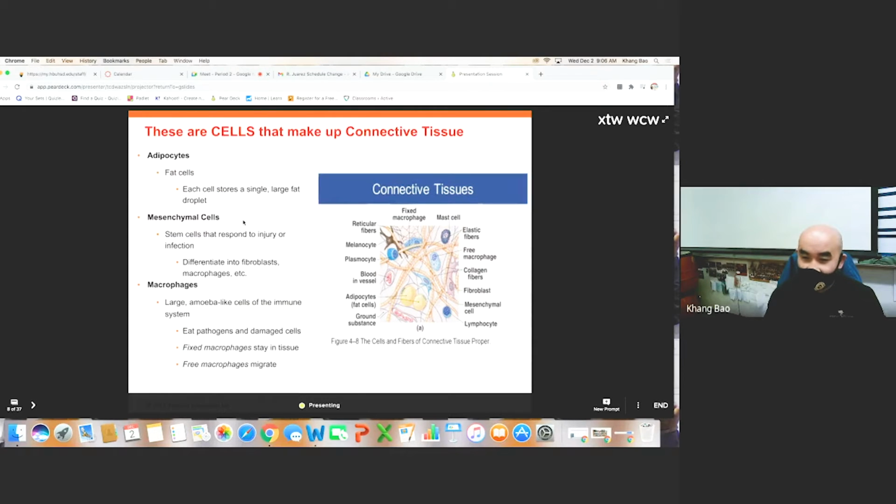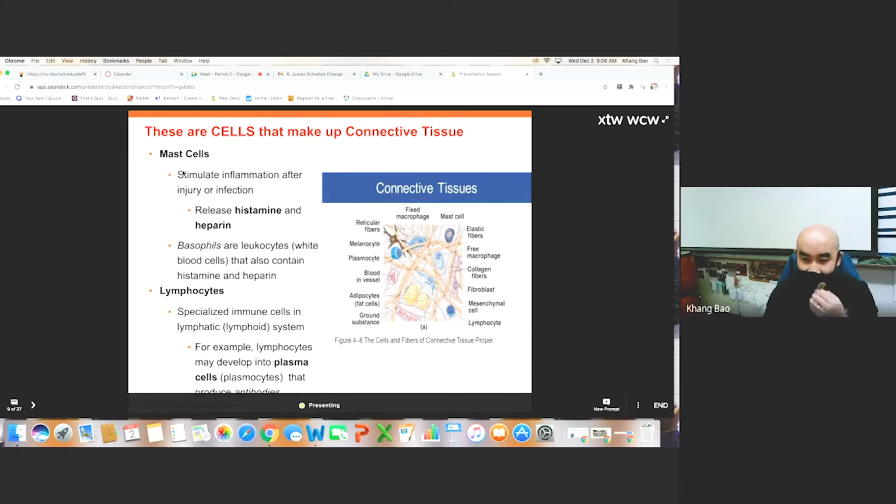And then you also have adipocyte, which is fat cells, adipose fat. That's also part of the connective tissue. Mesenchymal cell is a stem cell that can become any type of connective tissue cell. And then you have macrophage, cells that come and protect you from pathogens in your connective tissue.